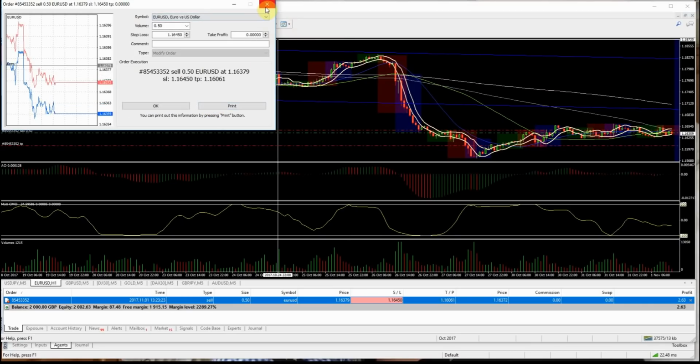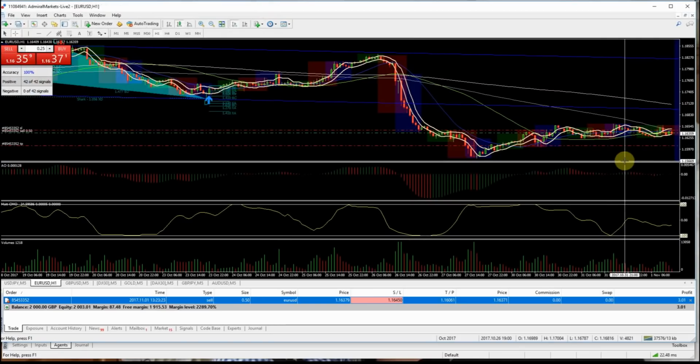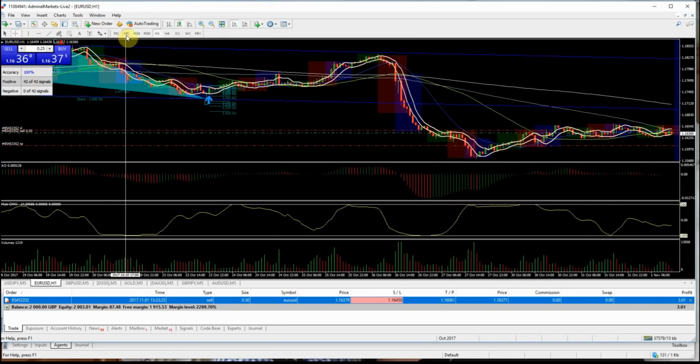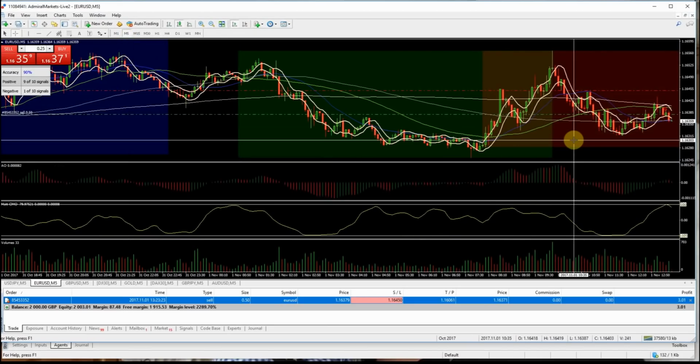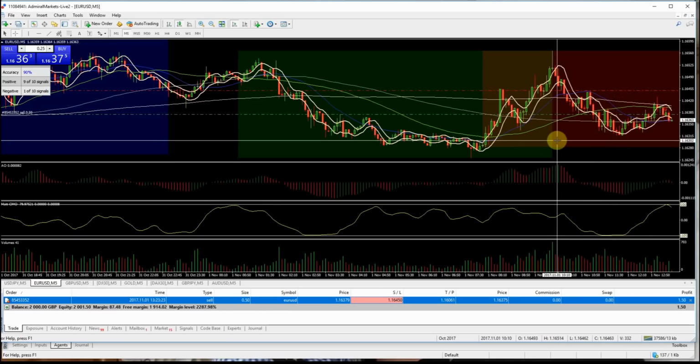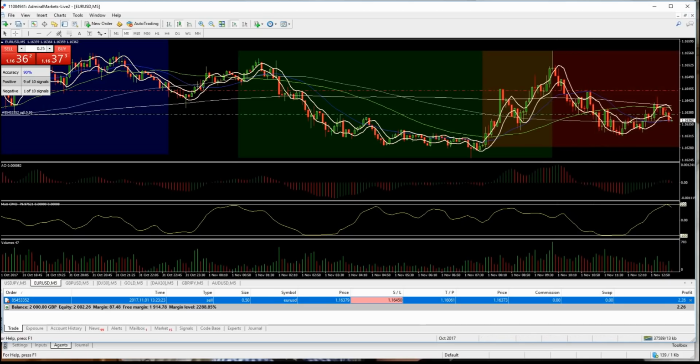Okay. So back to the 5-minute chart, and we've got a trade here live. So this will be a trade where we manage the stop and trail it down as the trade progresses, and we'll see how it goes.